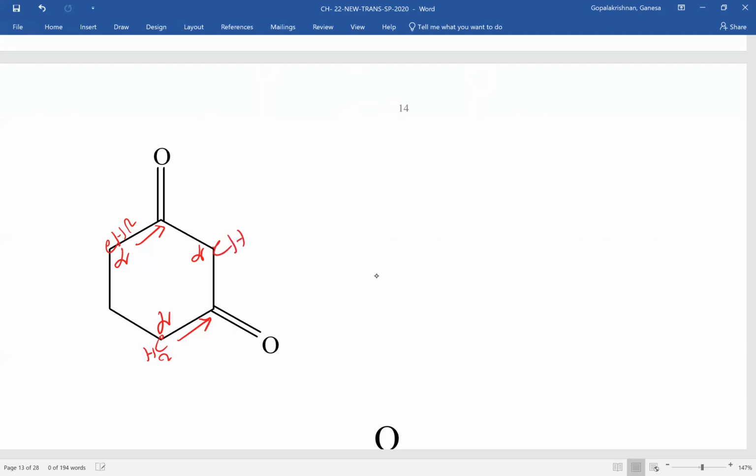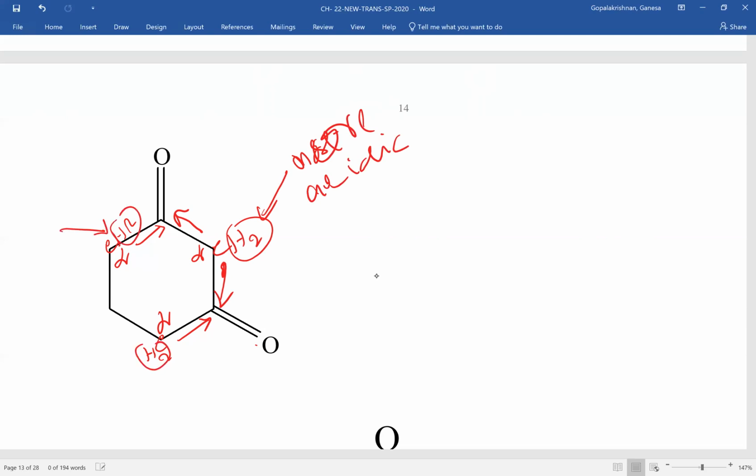But this one is subjected to inductive effects from two carbonyl groups. So these two hydrogens will be the most acidic, but these four will be equally acidic.